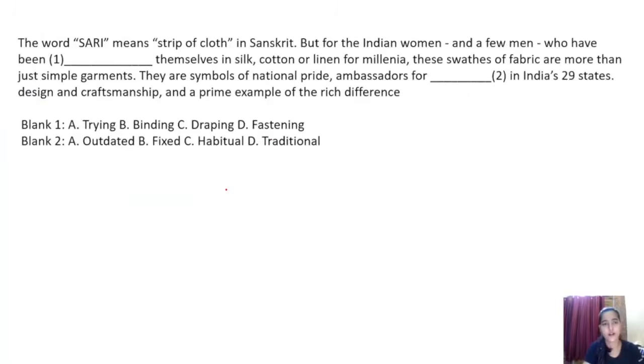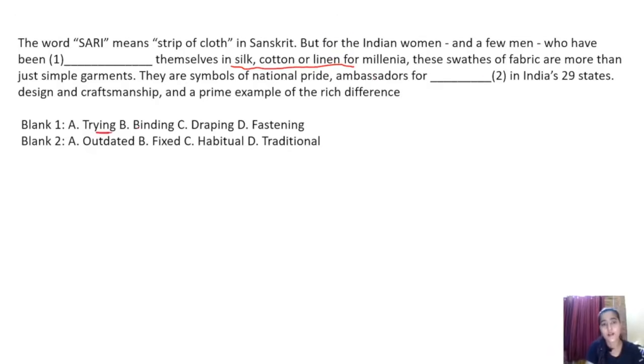So let's move ahead. The word sari means strip of cloth in Sanskrit, but for the Indian women and a few men who have been dash themselves in silk, cotton, or linen for millennia, these swaths of fabric are more than just simple garments.